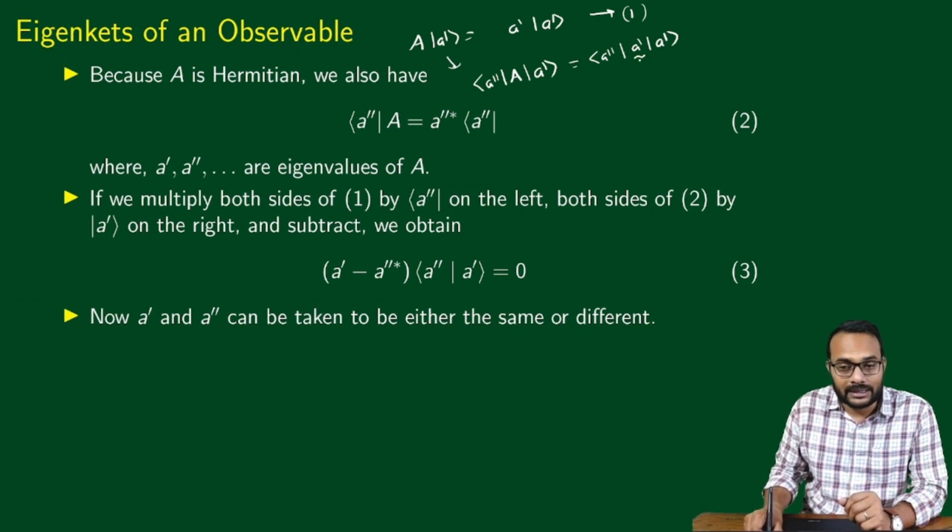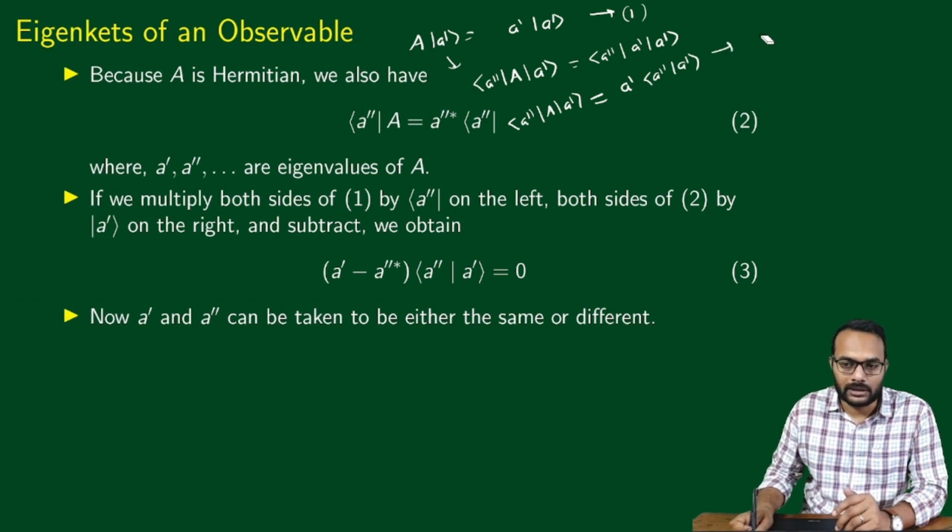Now A prime is a number, an eigenvalue, so it doesn't matter whether you put the number on the right or on the left of the ket or the bra. So we can just pull this number out, and we get A double prime A prime is equal to A prime times the bracket A double prime A prime. Let's write this as equation 1a.